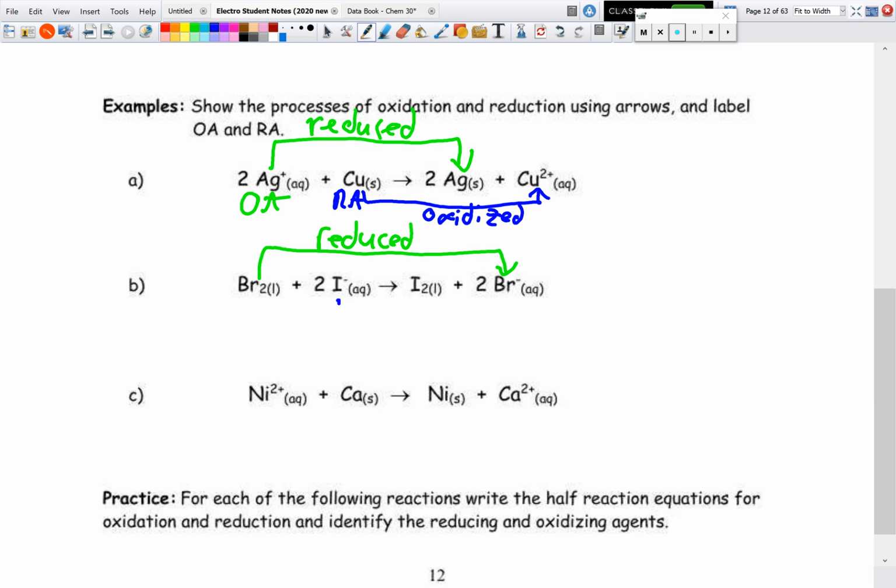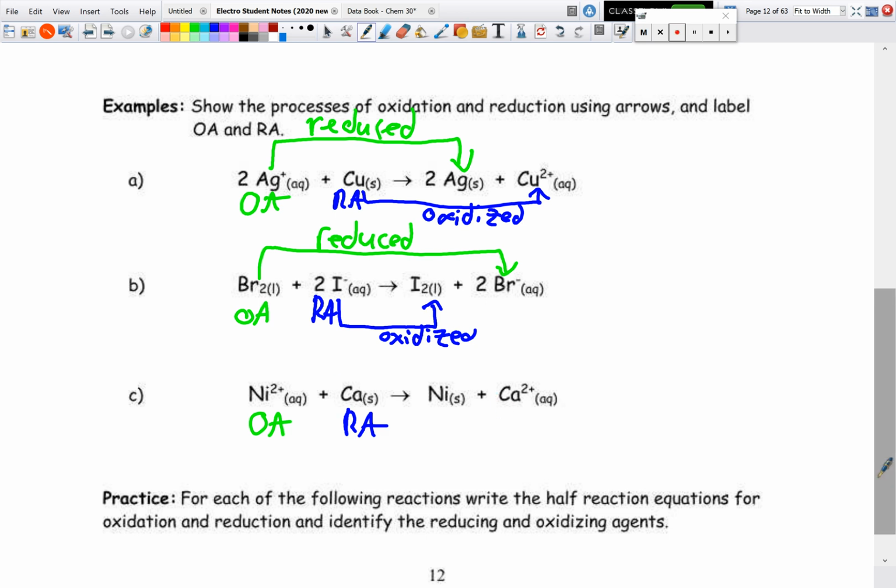That means I minus going to I2 is oxidized, which means my I minus is my reducing agent, and my bromine is the oxidizing agent. Before I fill in part C, it would be nice to pause the video and see if you can get this one on your own. And what you should get: Ni2+ is the oxidizing agent, and solid calcium is the reducing agent.